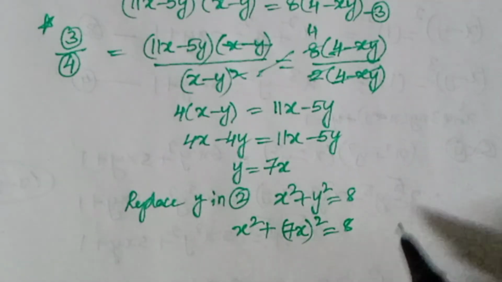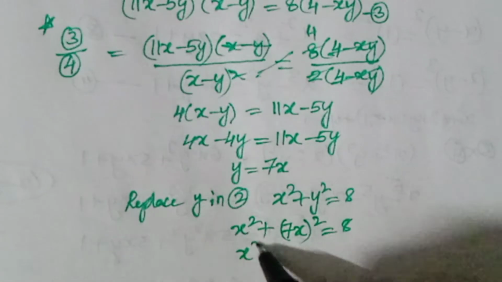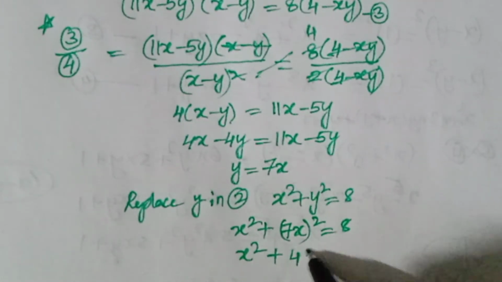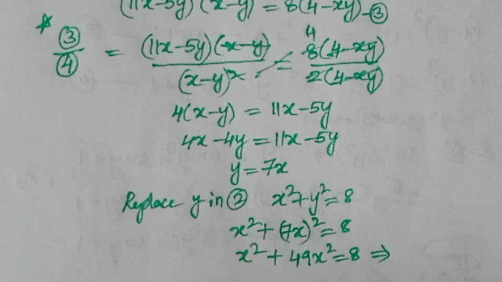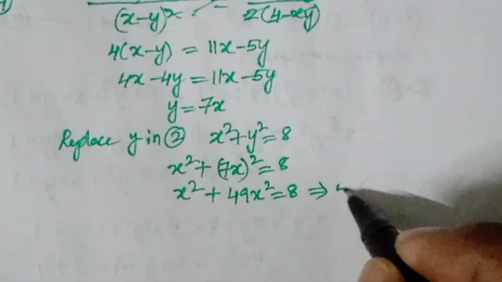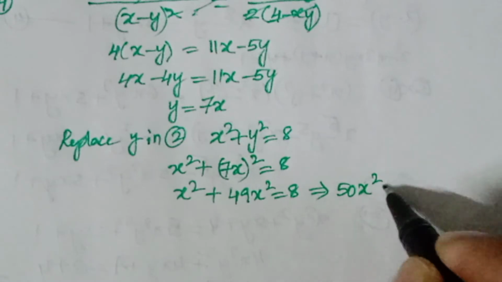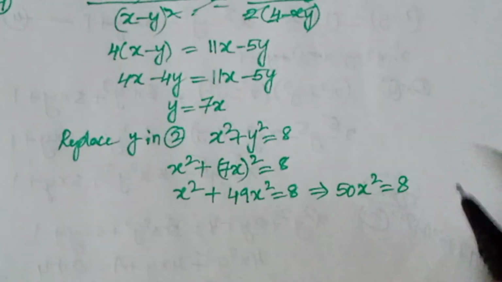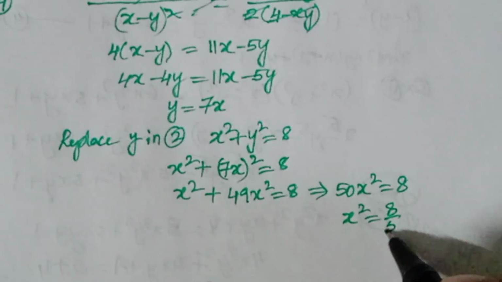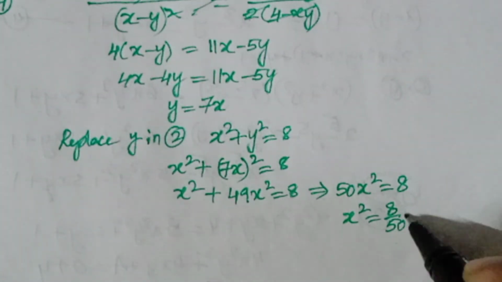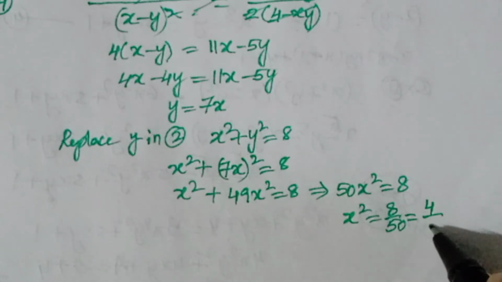So you can write it as x square plus 49x square is equal to 8. That implies 50x square is equal to 8. x square is equal to 8 by 50. So here you can write 4 by 25.